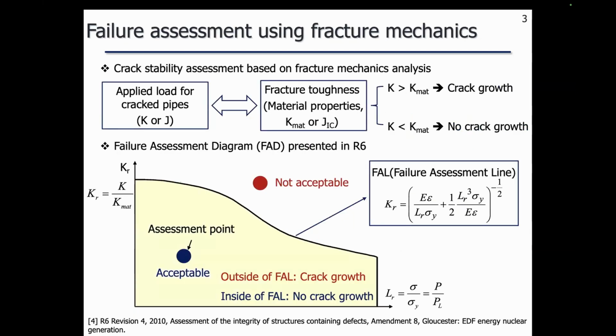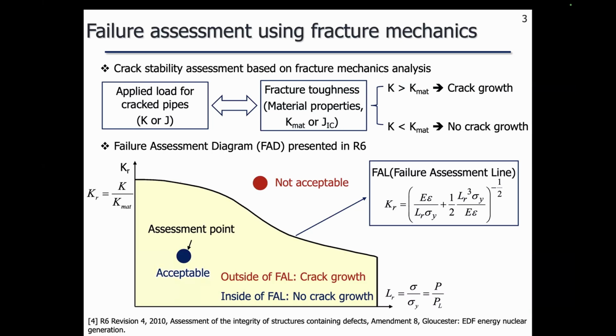For crack stability assessment based on fracture mechanics analysis, usually the stress intensity factor or J integral value for the applied load is compared to material properties such as fracture toughness. In our studies for the failure assessment of cracked pipes, the failure assessment diagram, FAD, which is presented in R6, was used.